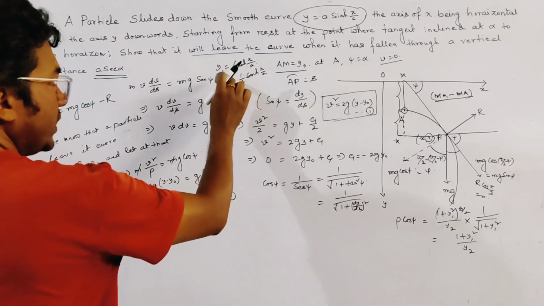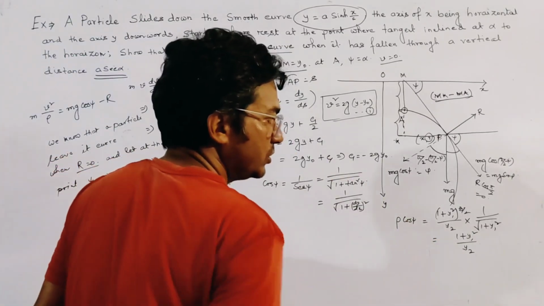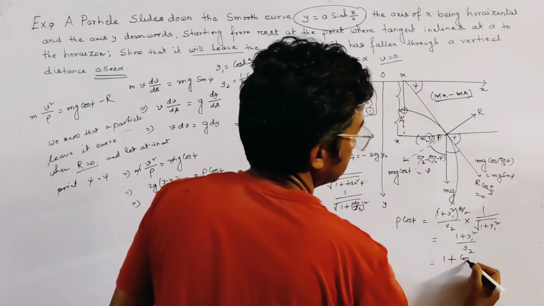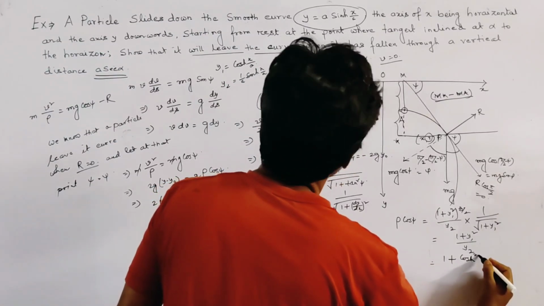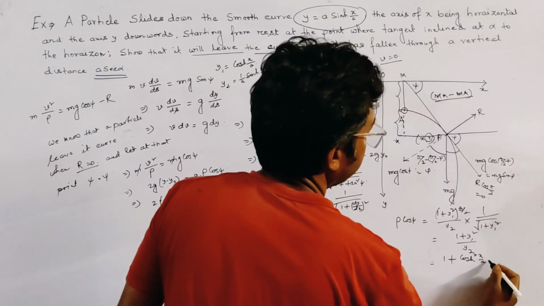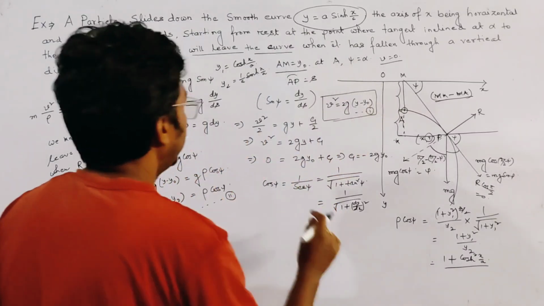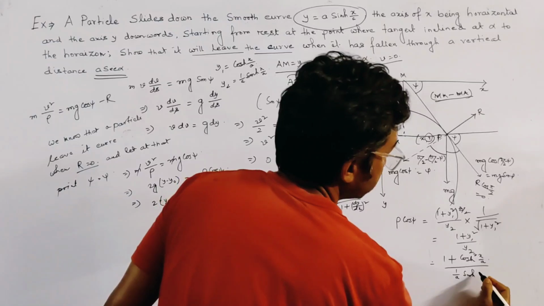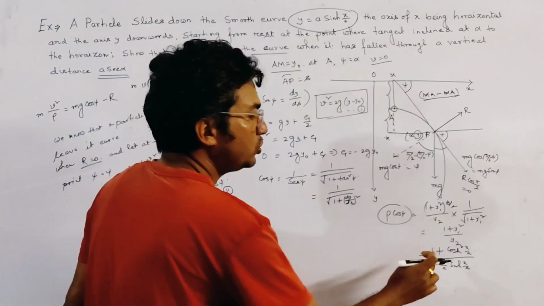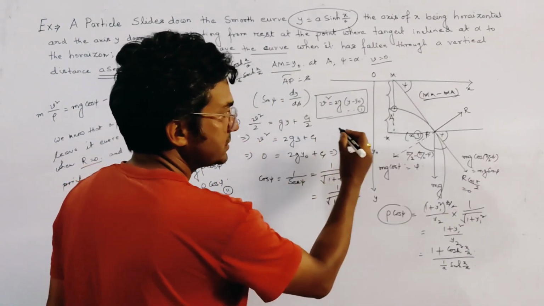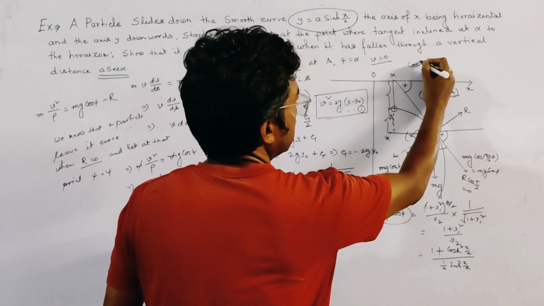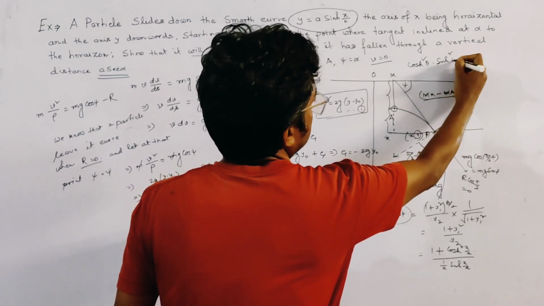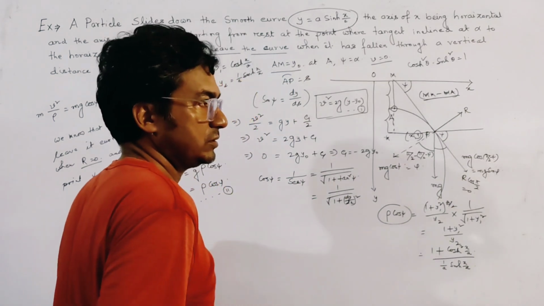We put y1 and y2 here, we get 1 plus sinh square (x/a) by y2, meaning 1 by a cosh(x/a). We know the result cosh square theta minus sinh square theta is equal to 1.